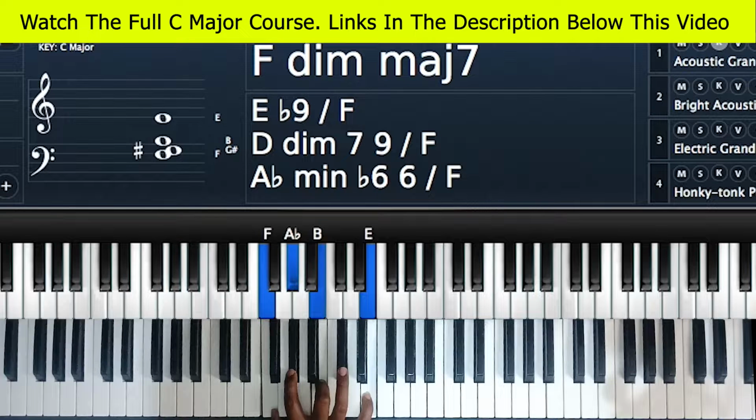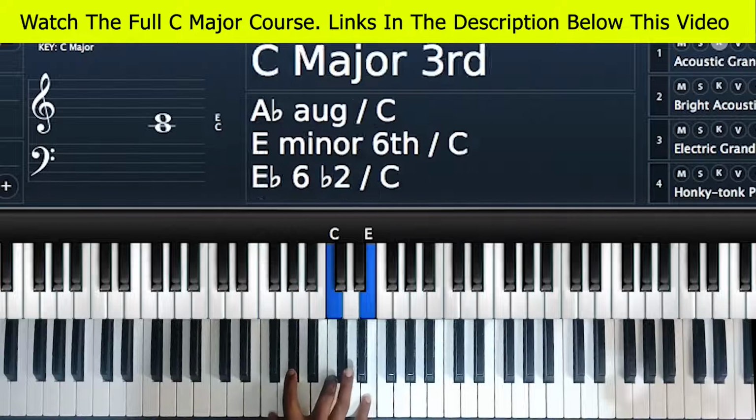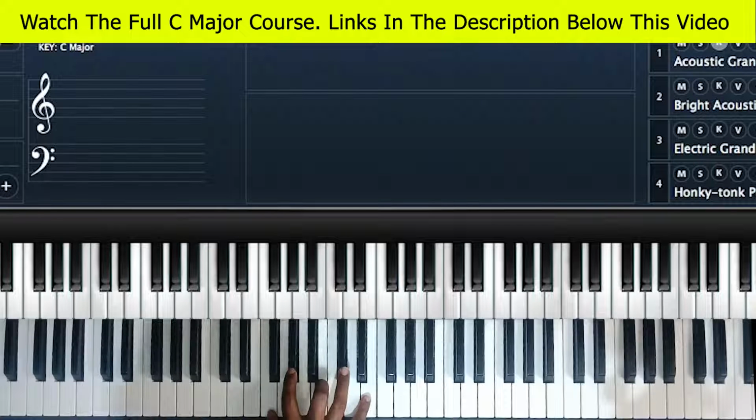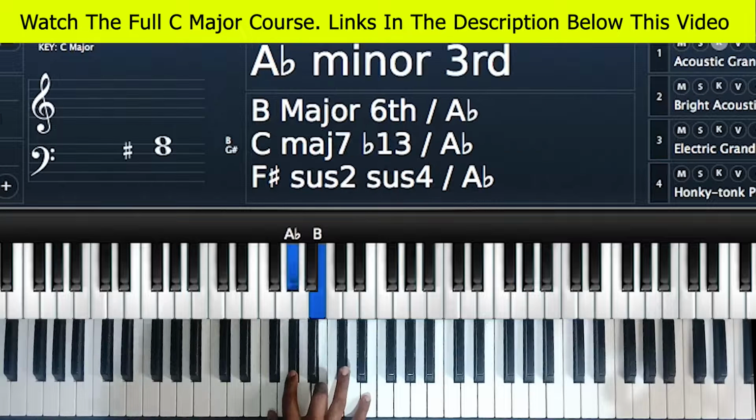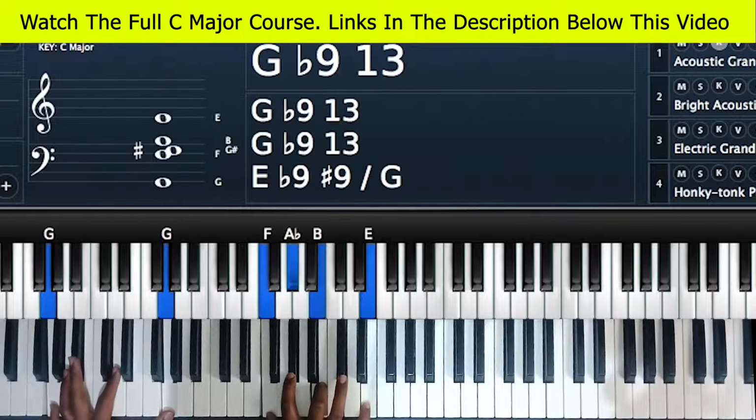You can call it F major 7 flat 5 flat 3, with these two flats. It's just an F diminished chord with an E on top, and the right hand is playing a G.